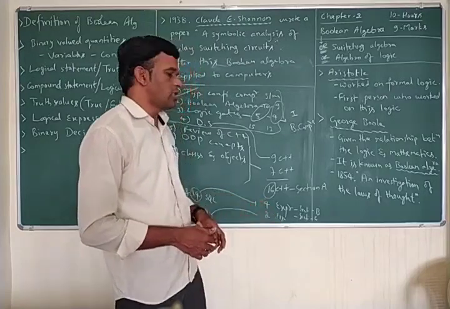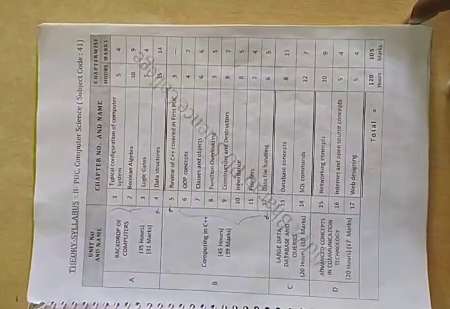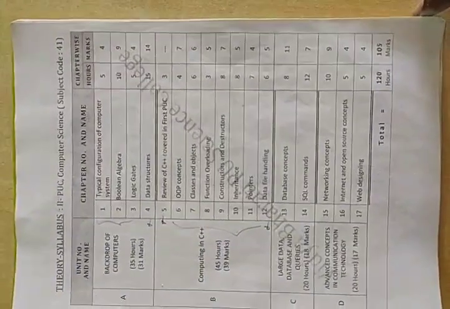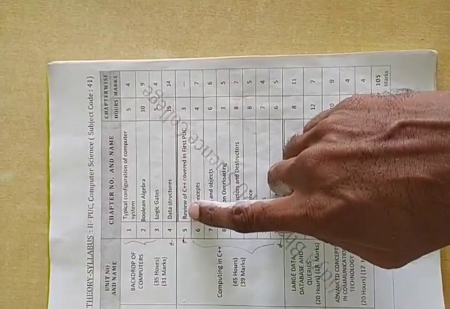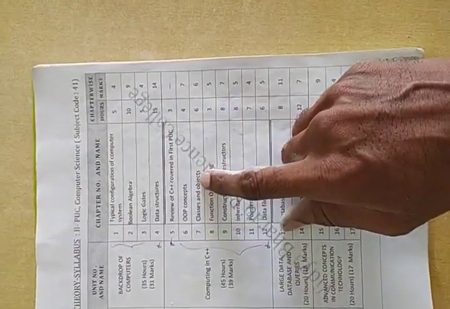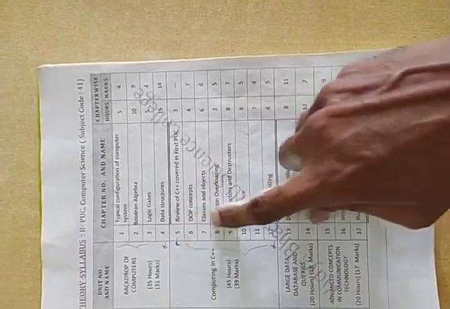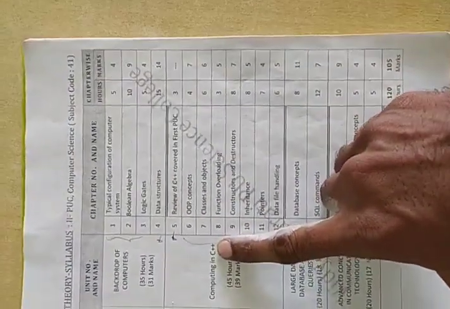of HTML programs. So here it is about your second year computer science syllabus. We have completed the review of C++, OOPS concepts, and classes and objects. Chapters 5 to 12 are the C++ unit.